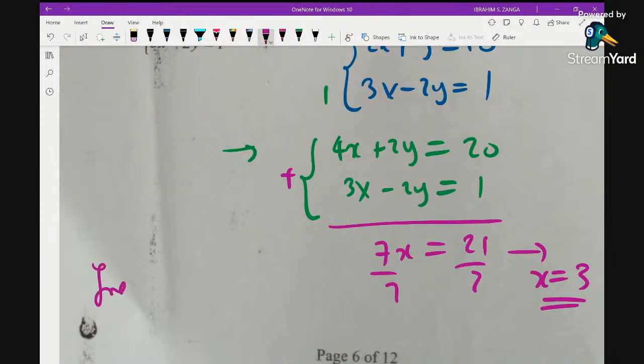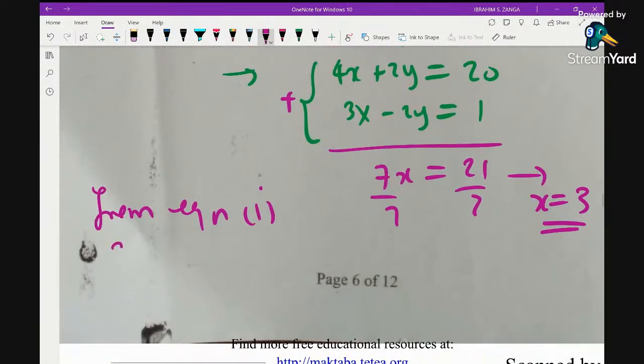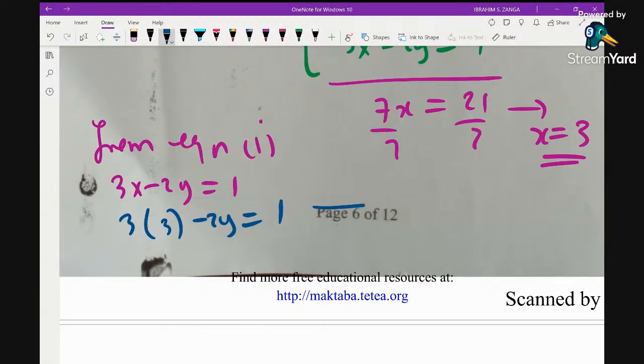From equation 2, we have 3x minus 2y equals to 1, and we have x already. So I'm going to put x there. 3 times 3 minus 2y equals to 1. Means 9 minus 2y equals to 1.